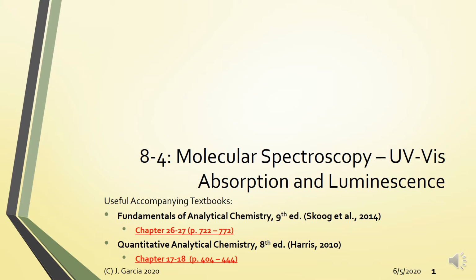So for the use of UV-Vis radiation, this actually interacts with the valence electrons in the molecular orbitals of your analyte. So here we're going to discuss the general concepts of UV-Vis absorption and luminescence spectroscopy.